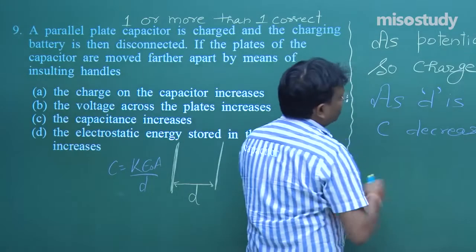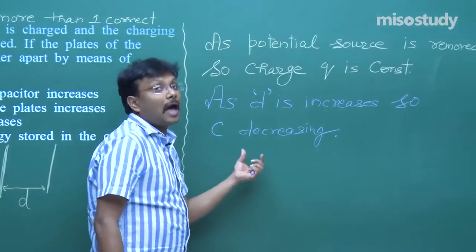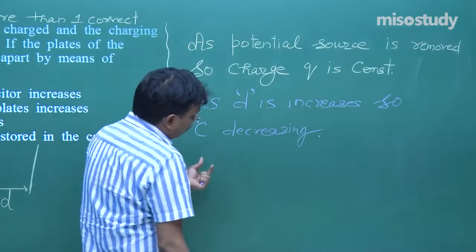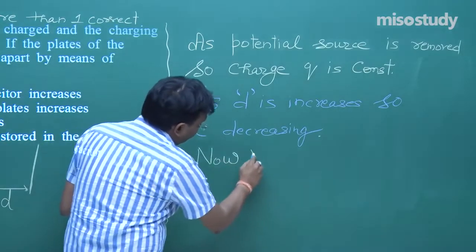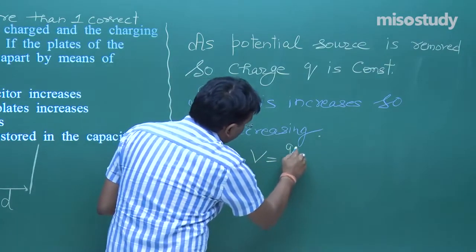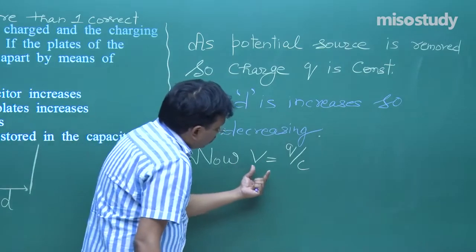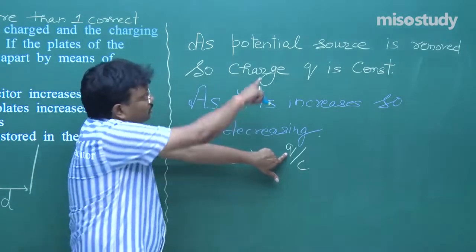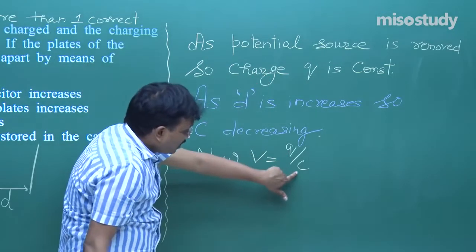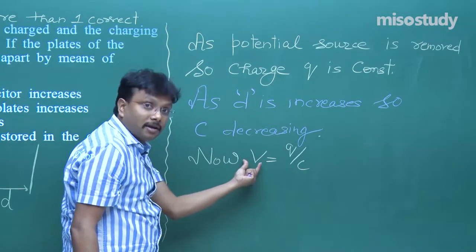So these two lines are just giving you the basic fundamental thing which is happening. Now let us move ahead. V is equal to Q by C, basic formula. Now V is equal to Q by C, but Q is constant, first line. C is decreasing, so this V should increase.